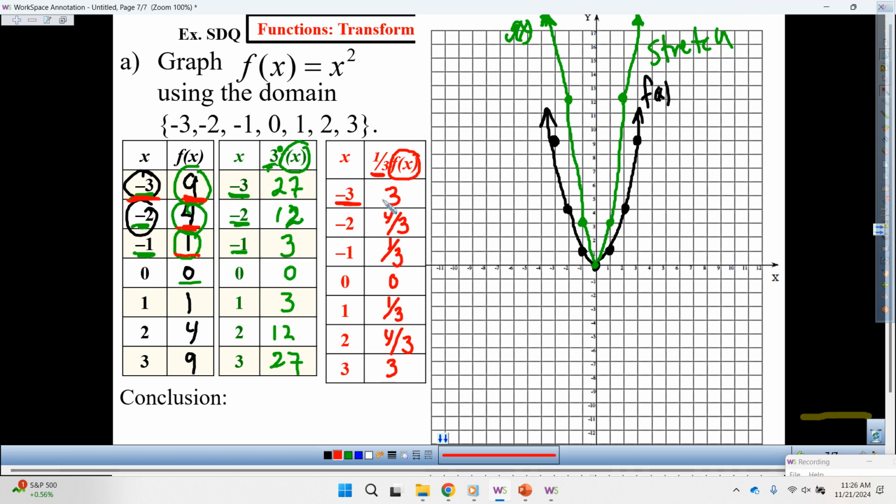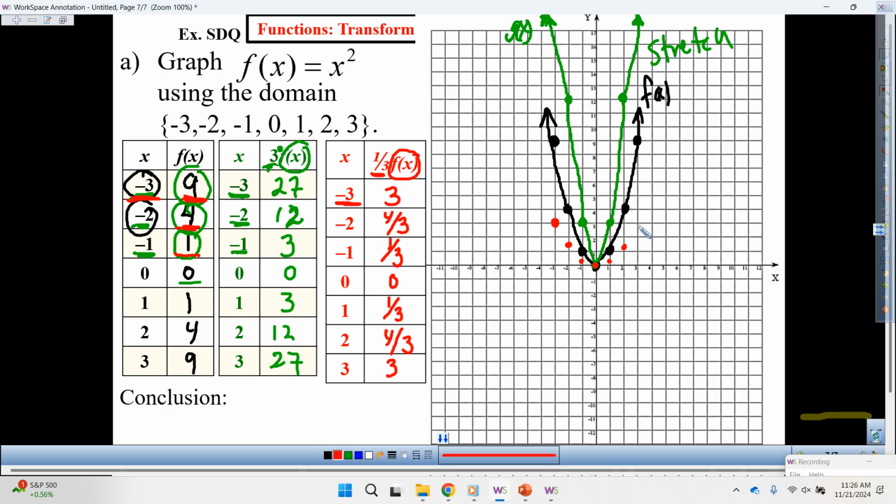Let's graph that. Here we go. Negative 3, 3. Negative 2, 4/3. 4/3 is 1 1/3, so 1 1/3 is about right there. Negative 1, 1/3 is close to the x-axis. 0, 0. 1, 1/3. 2, 1 1/3.